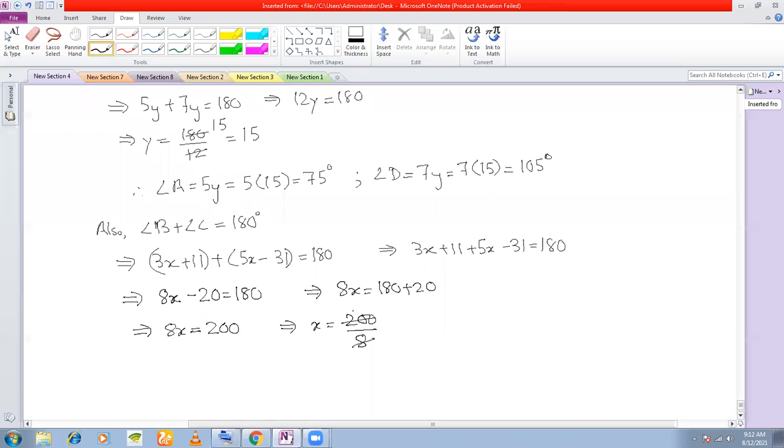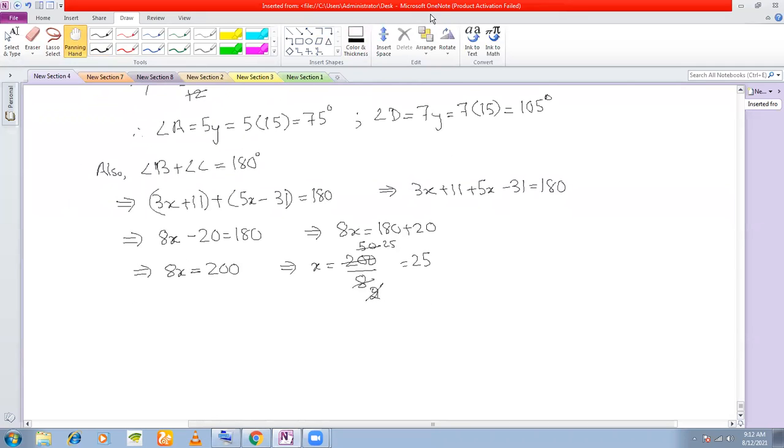Now you can cancel here. This cancels with 2, and this now cancels with 50, 25. We get x is equal to 25. So we are getting here x is equal to 25.